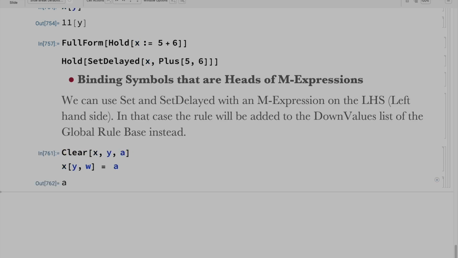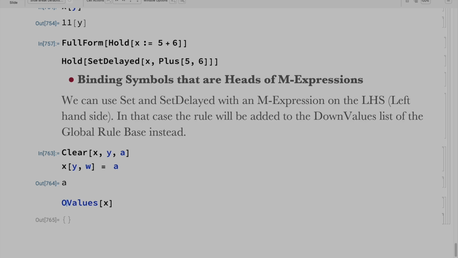When I do that, this expression evaluates to a, as we understand right now, because this is a set, this is not a set delayed. So the whole thing evaluates to the right-hand side. However, when I look now at the global rule base, previously I used to look at the own values, right? If I look at the own values of x, there'll be nothing, because this is an expression, not just x by itself.